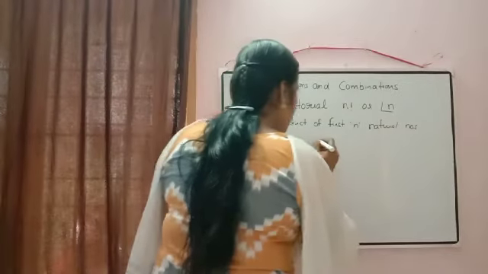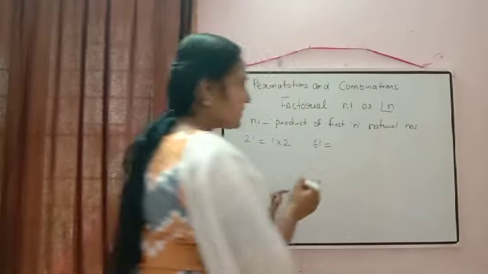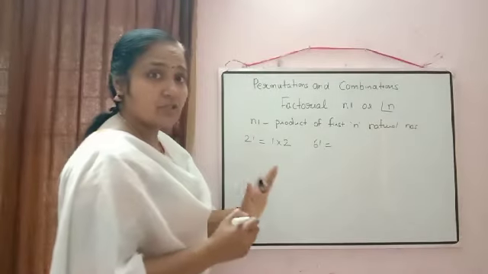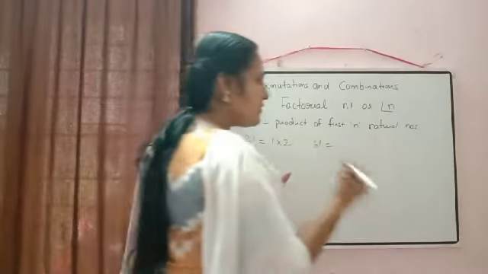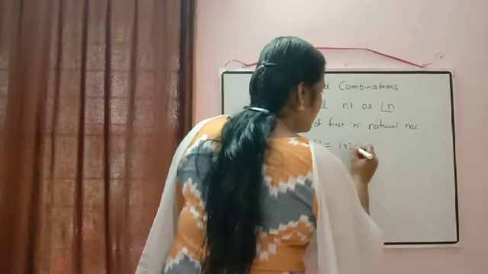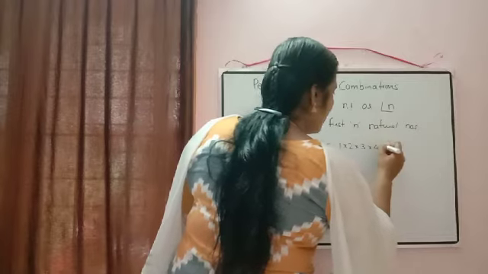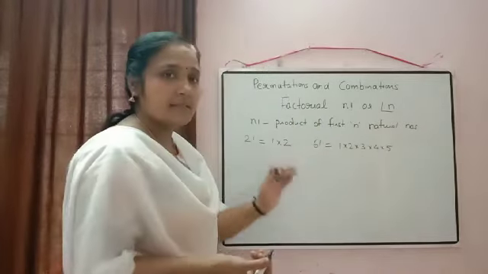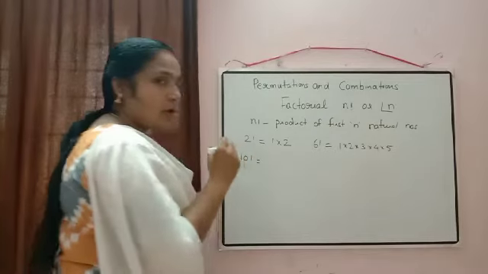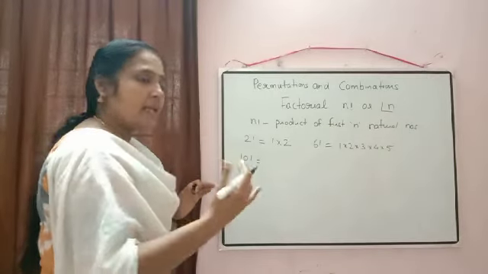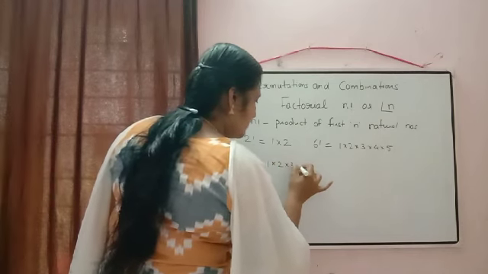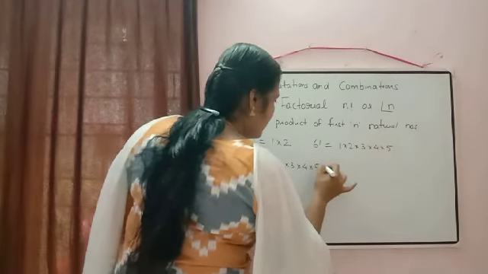If it is said 6 factorial, its meaning is the product of first 6 natural numbers, so it will be equal to 1 into 2 into 3 into 4 into 5 into 6. If it is asked what is 10 factorial, it is the product of first 10 natural numbers. So we'll write it this way, 1 into 2 into 3 into 4 into 5 into 6 into 7 and so on up to 10.